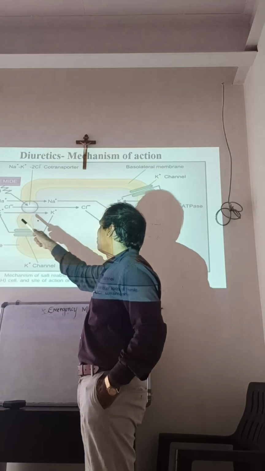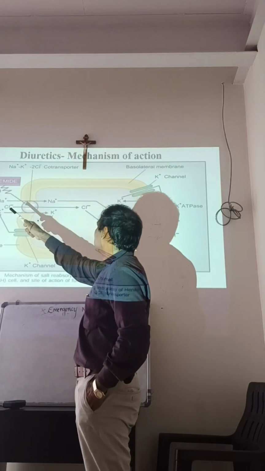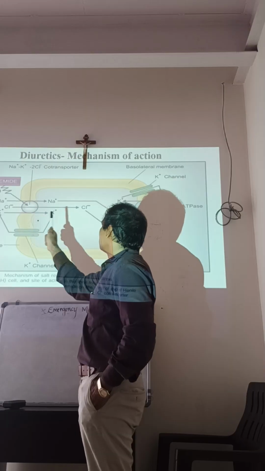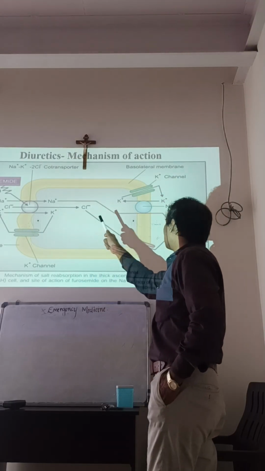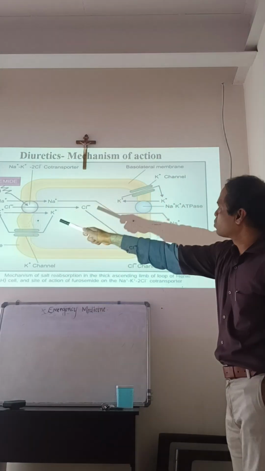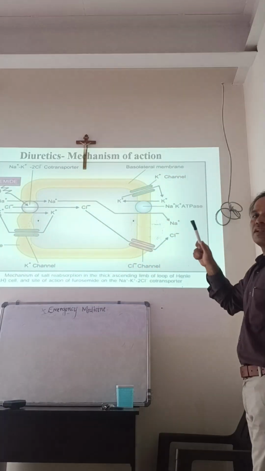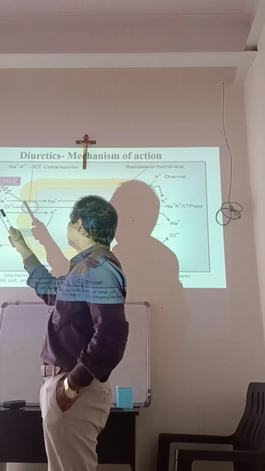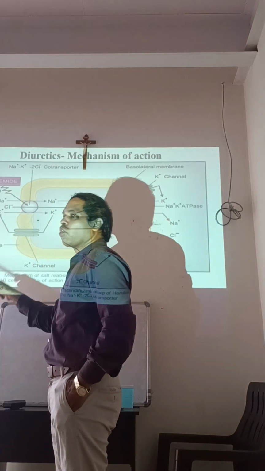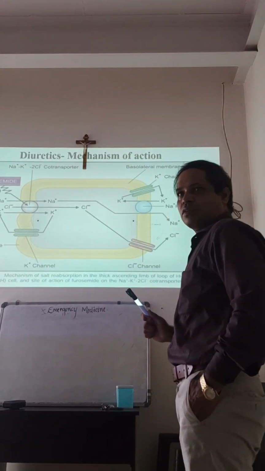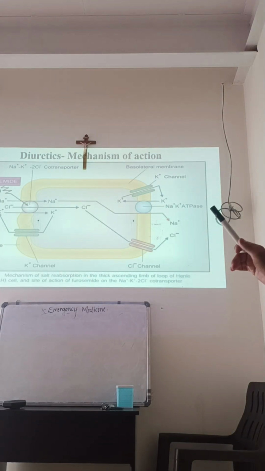Whenever it rotates like this, it is passing the sodium chloride inside. So whatever sodium chloride is in the urine here, it will come back here. Because of that, I give furosemide and inhibit here, and the whole pathway is blocked. Understood?